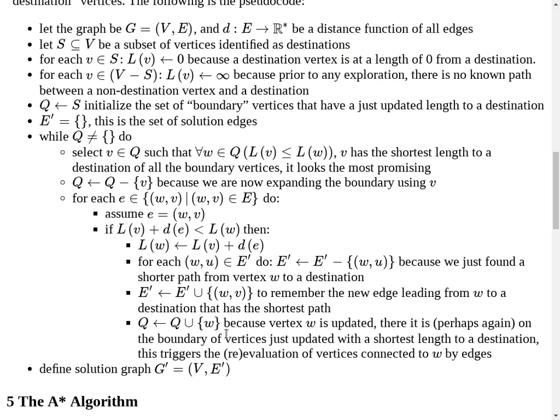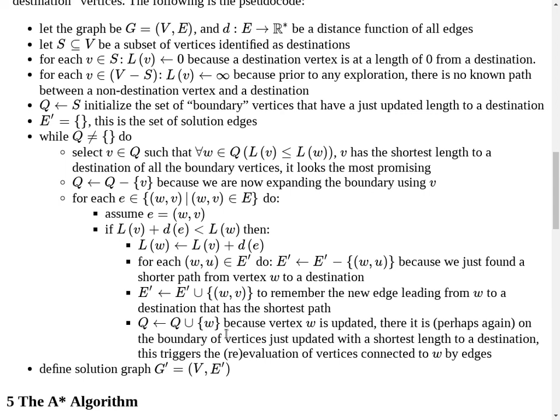Okay, so the next thing is also important. We're done with E prime getting updated and we're adding one more element to E prime. But Q is important too, because we just updated the L value of vertex B. In other words, anything that goes into vertex B can now potentially get a new shortest path too. So that's why we're adding vertex B into the frontier set, because it itself just got updated.